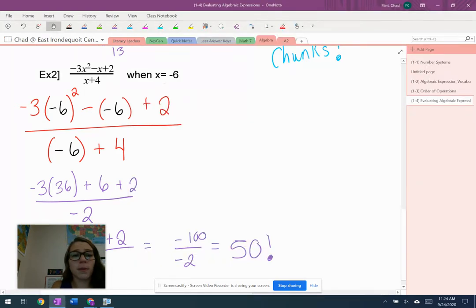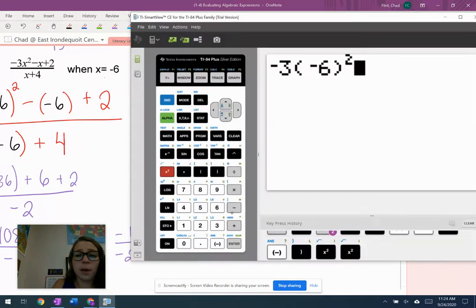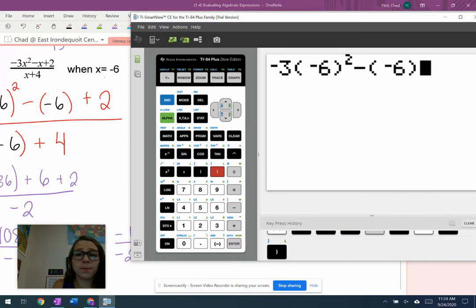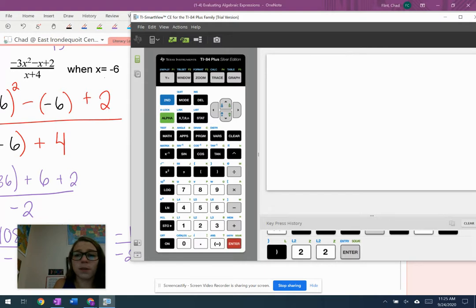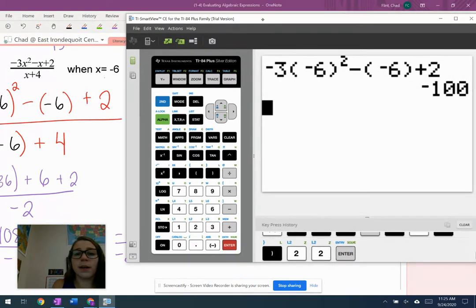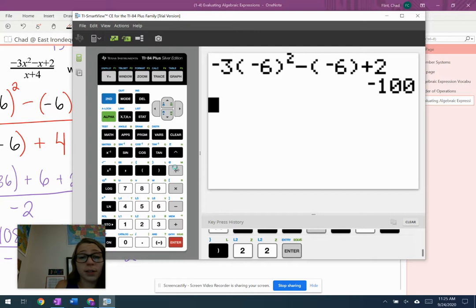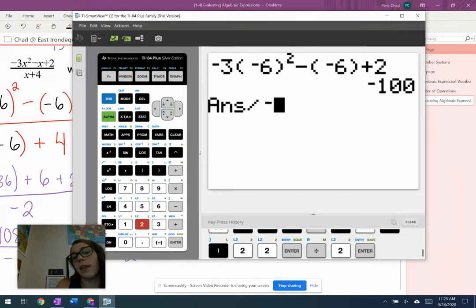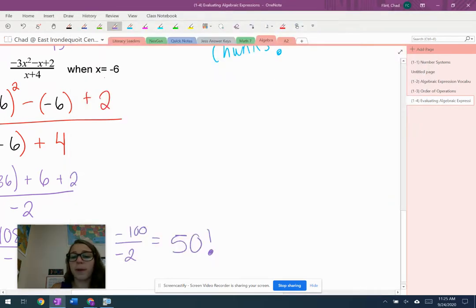Minus -6 plus 2, minus -6 plus 2. And enter. There I am, getting that -100 that I ended up with. Divide by the -2 gives me that final answer of 50, just like we got doing it by hand.